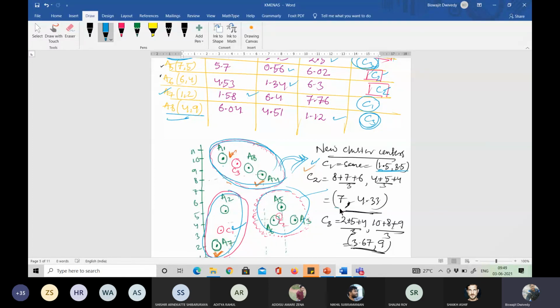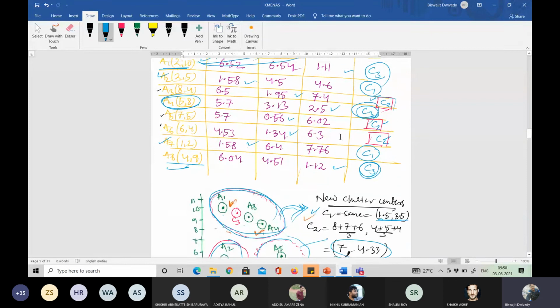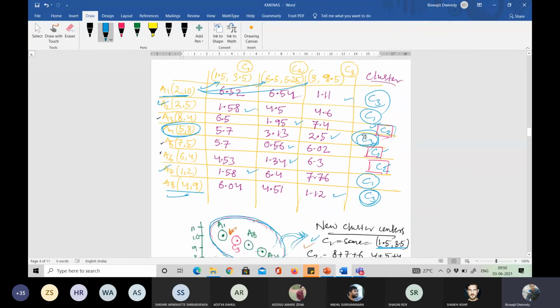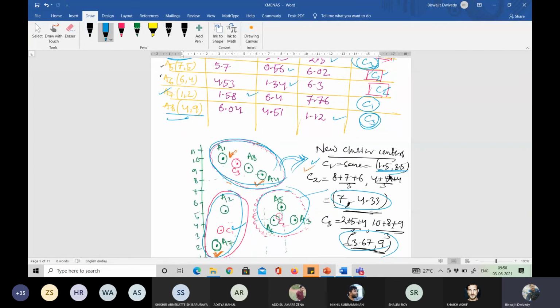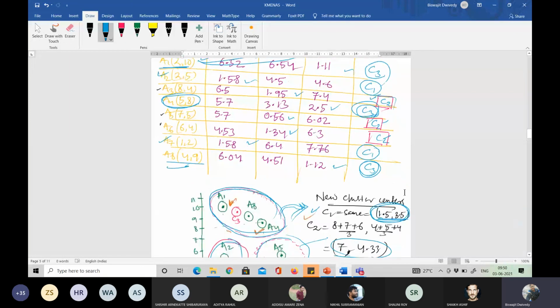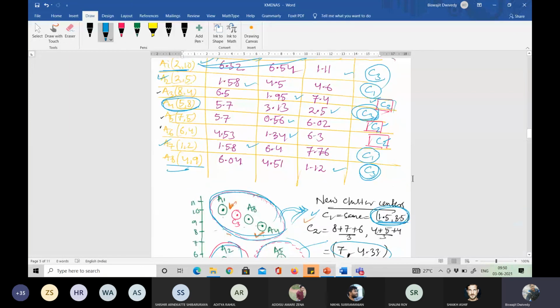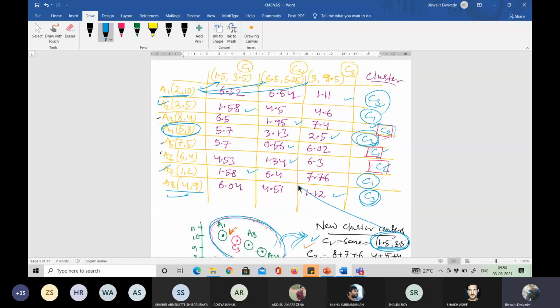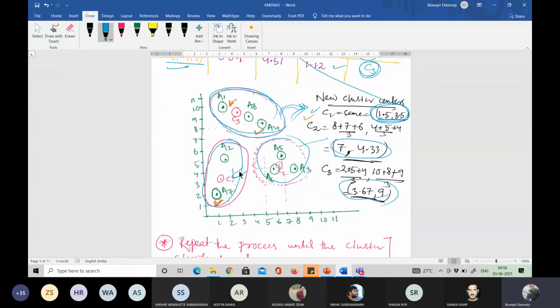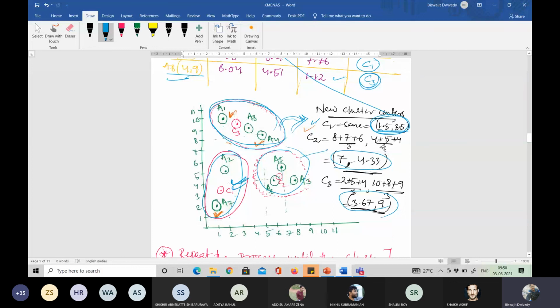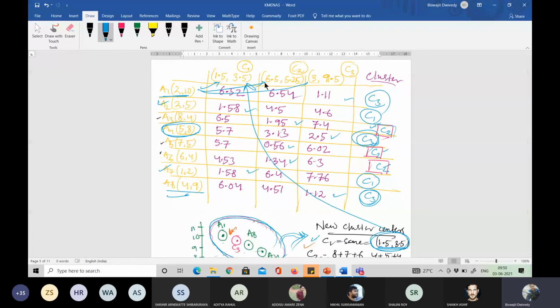Once this has been completed, I can find my updated cluster centers. My updated cluster center is 1.5, 3.5 here. You can see this cluster center is not changing because we have already seen that there is no change in this case.